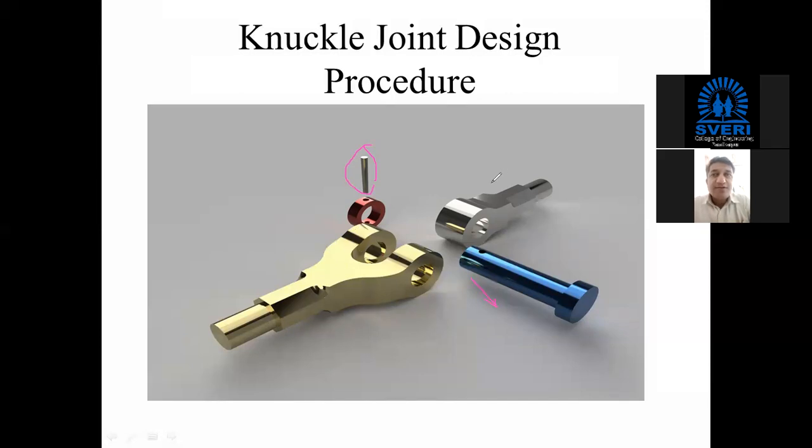So that is simply used to transmit the tensile force from tractor to trolley, and hence this total assembly will undergo different stresses, and we just have to take care that the pull transmitted from tractor to trolley should be in an acceptable limit, and we have to choose the dimensions of each and every part used in this knuckle joint such that those parts will sustain that tensile load and stresses will not increase beyond the allowable stresses.